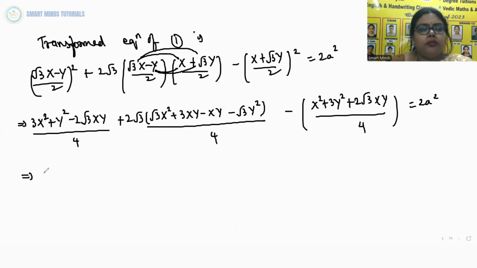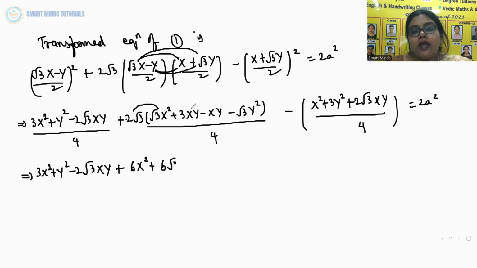Now you add the numerators. 3x square plus y square minus 2 root 3xy plus, if I multiply these two, root 3 into root 3 is 3. 3 twos are 6. So it is 6x square plus 6 root 3.